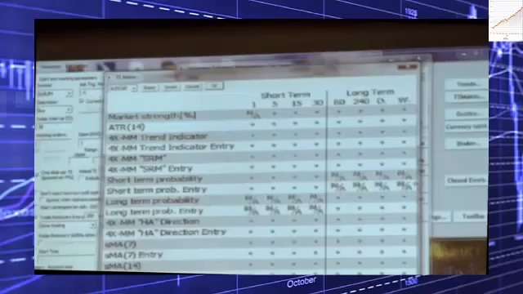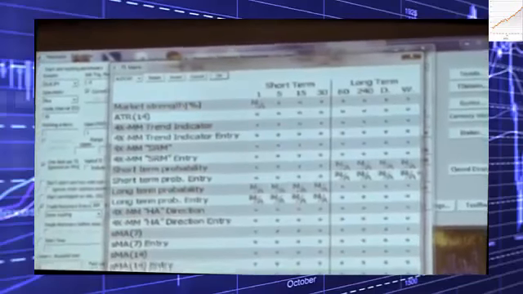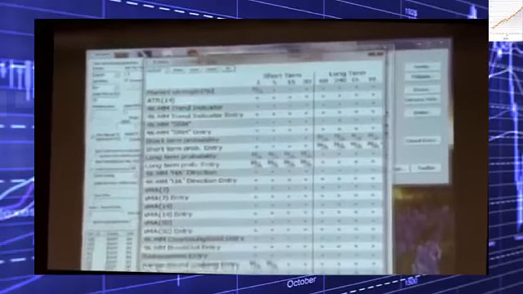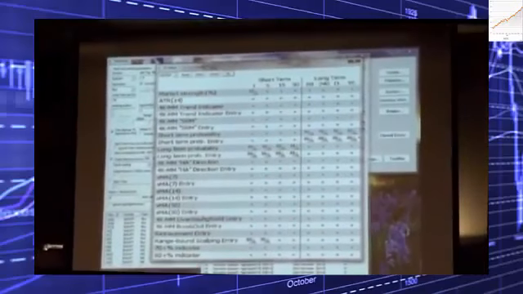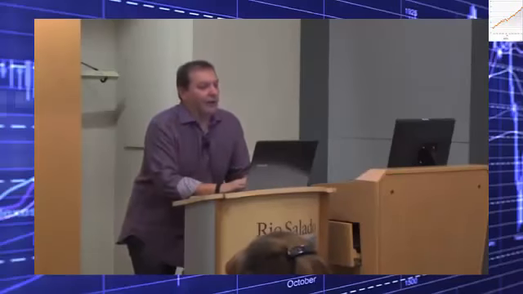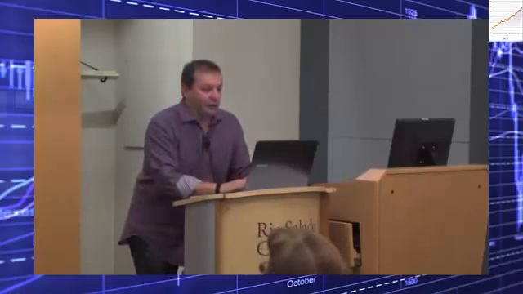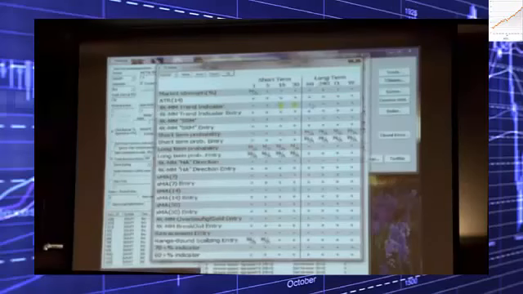The software, however, allows me to paint the canvas any way I want. Now, I want to determine which direction the market is going in terms of a long-term primary market direction. So if I want to trade to the upside, what I will do, I will create by just simply clicking or double-clicking. I will say, I want all of these arrows to be pointing to the upside. Right?